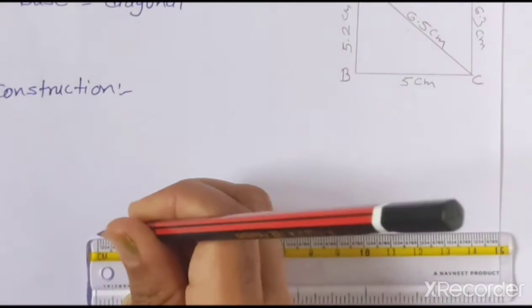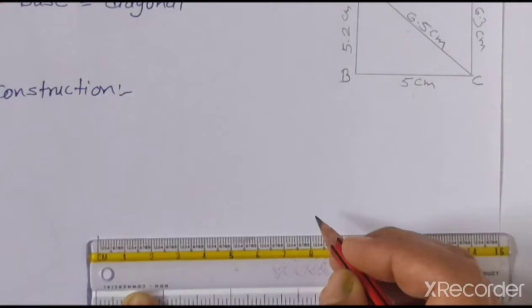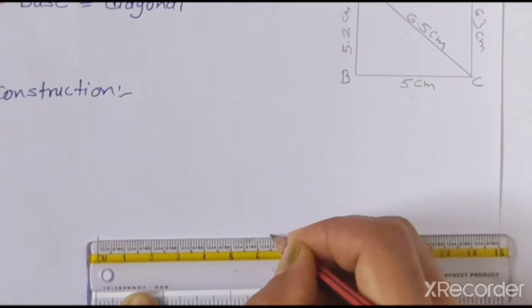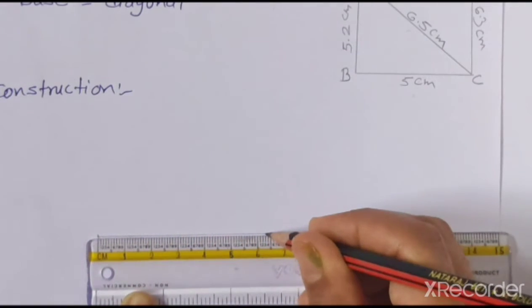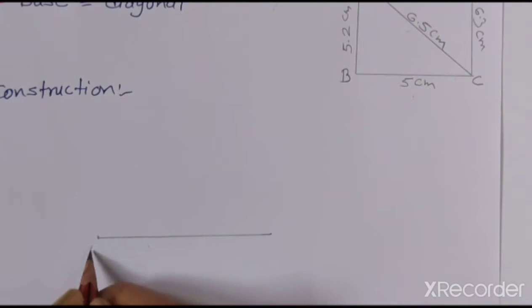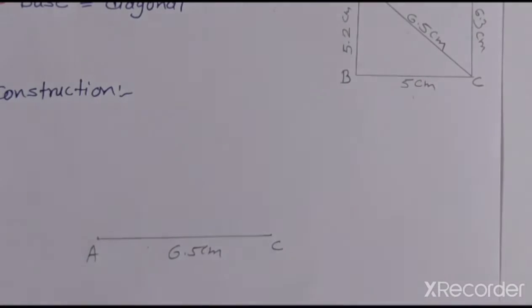Here I make first mark on 0 and then second mark on 6.5 cm, and now I am connecting these 2 points with each other. So this is our base AC, which is equal to 6.5 cm.